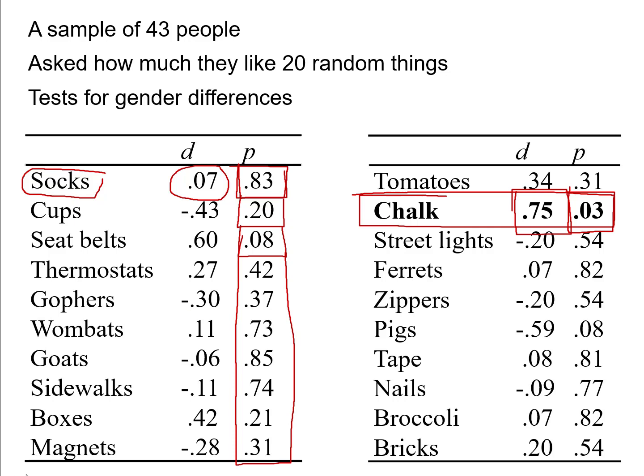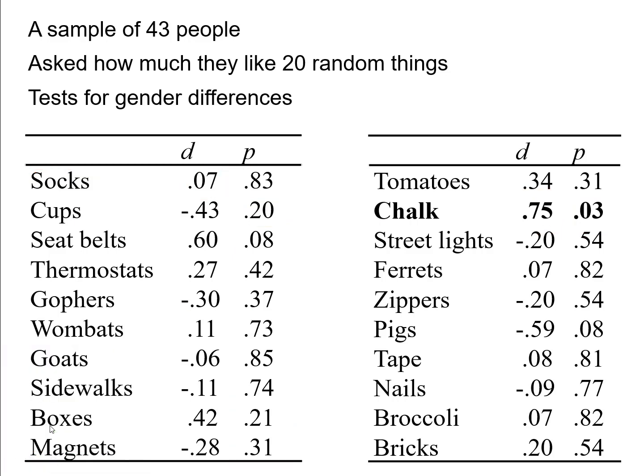Well, the answer is we need to consider family-wise error rate, because if the null hypothesis is true and I do 20 significance tests, I would expect 1 out of every 20 significance tests to be significant. If the null hypothesis is true, I would expect that I will incorrectly call results significant 5% of the time.